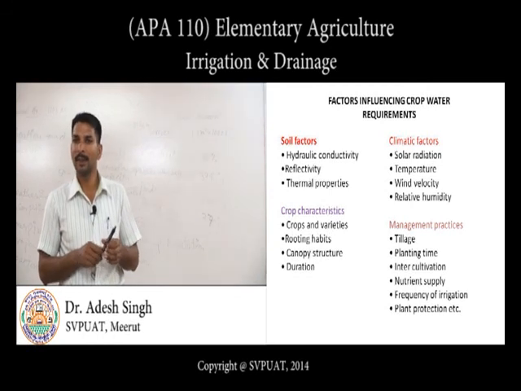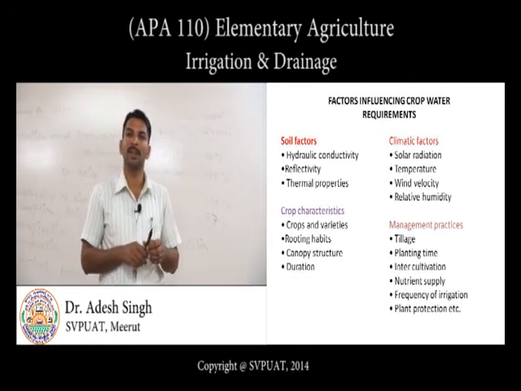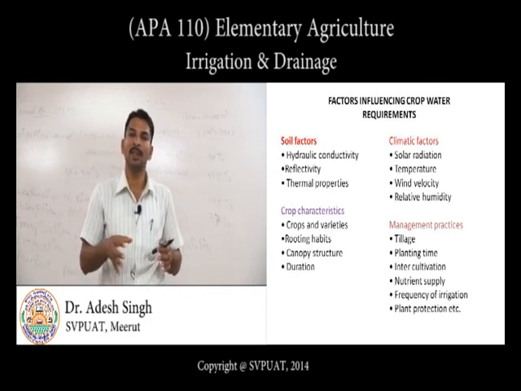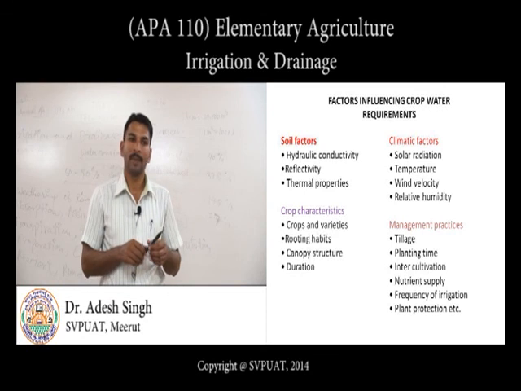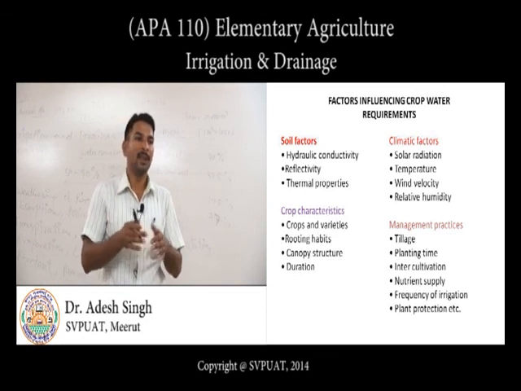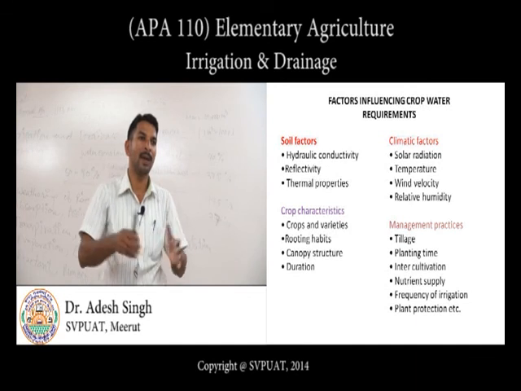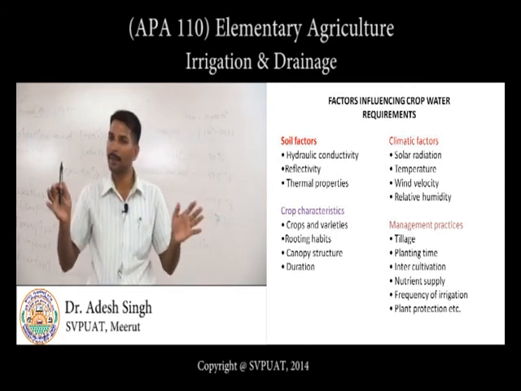One is the crop factors, related to the crop. For example, crops and their varieties, their rooting habit, and extraction pattern. Extraction means moisture extraction pattern: if the roots are spreading near the soil surface, and certain crops' roots can go to deeper layers, the water extraction pattern can be quite different.